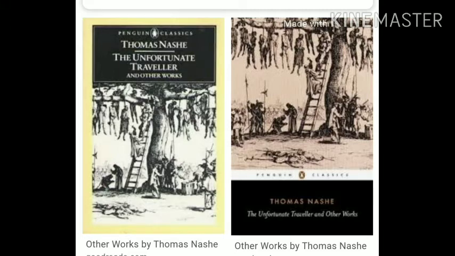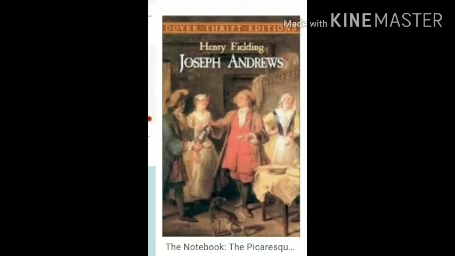For example, Don, it is a picture of Shah Rukh Khan. In this picture, Shah Rukh Khan is also a criminal. In this way, this is the example of picaresque novel.